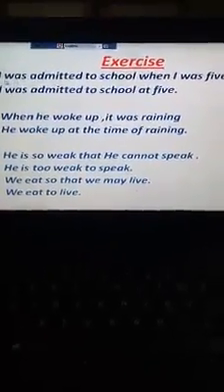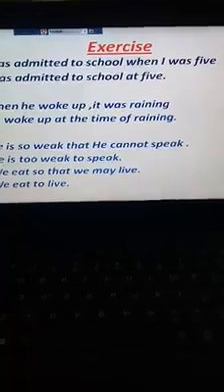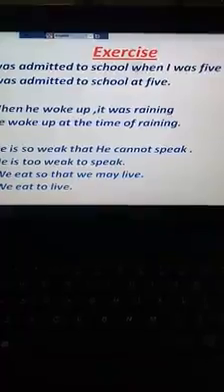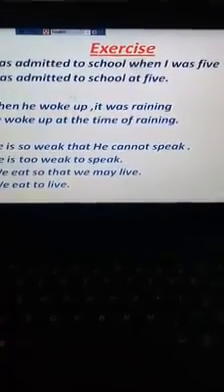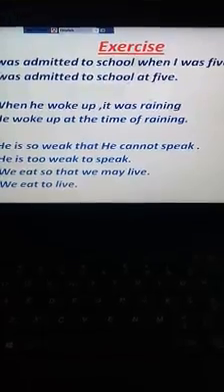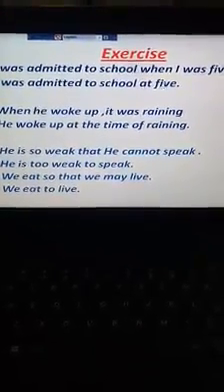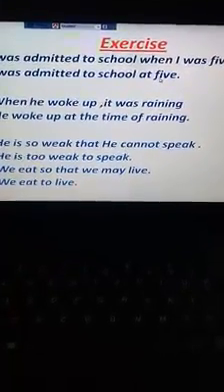Here I have written some complex sentences, like, I was admitted to school when I was 5. This is a complex sentence. What should you do in a simple sentence? You should write, I was admitted to school at 5, because when gives you the meaning of time.